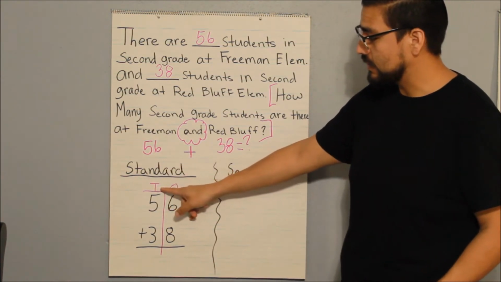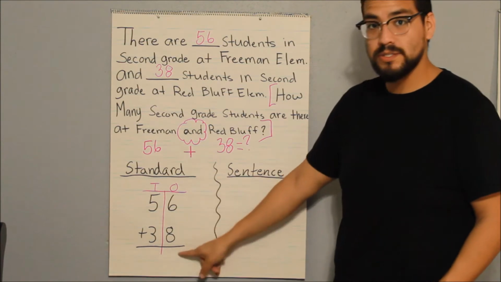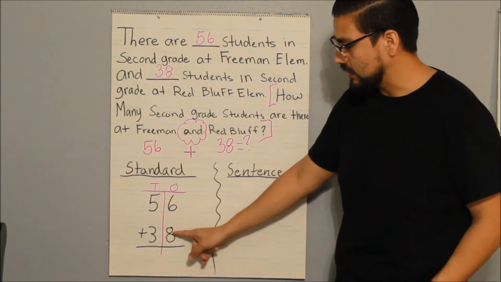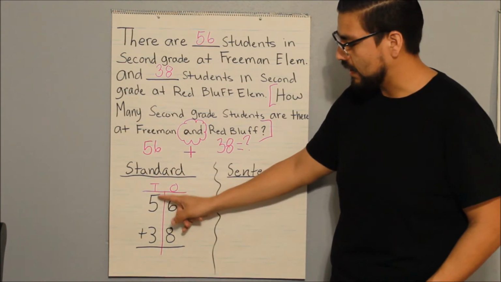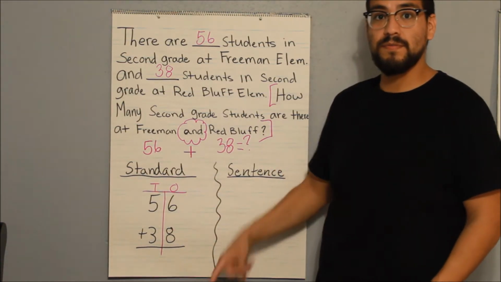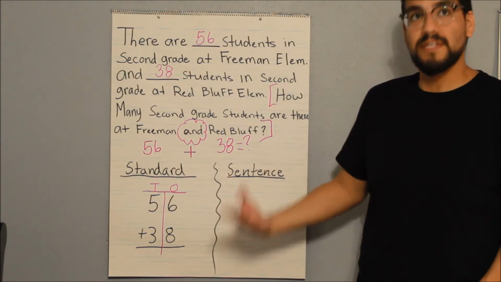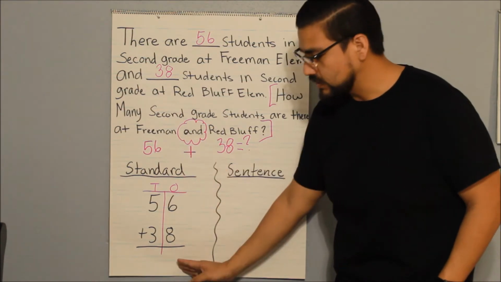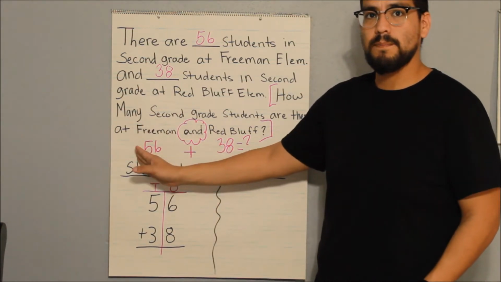Make sure you have your 10s in the correct spot and your 1s in the correct spot. So when we add our 6 plus 8 and our 5 and our 3, remember, if you get to 10, 11, 12, 13, anything like that, the 1s go here and the 10s go on top.